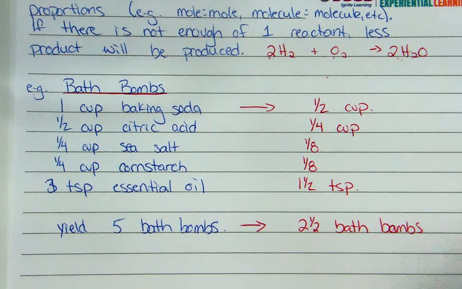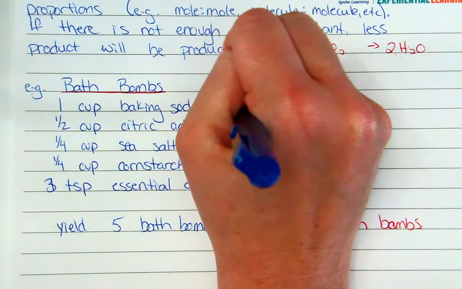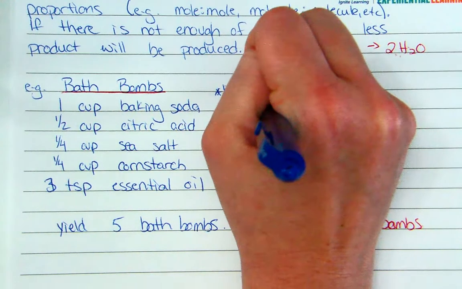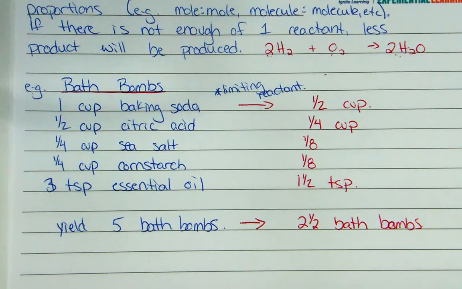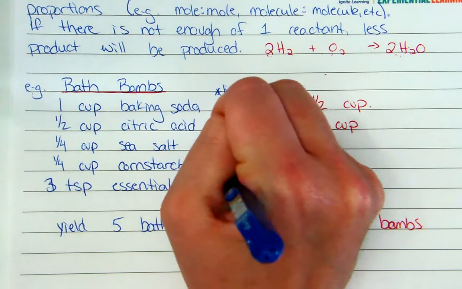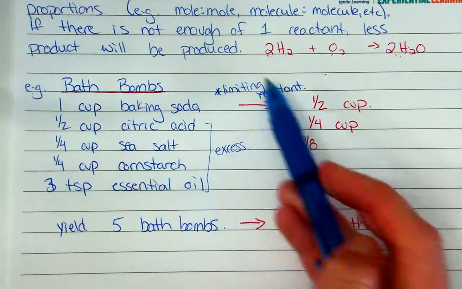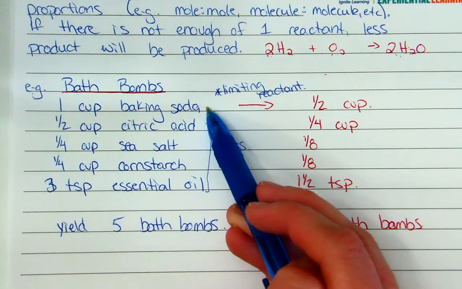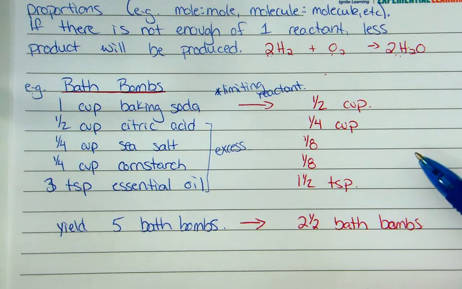Now in this situation, the baking soda was the limiting reactant or ingredient, because that's the one I didn't have enough of. All the rest, we had what we call excess. So if this was a chemical reaction and I still mixed all of these in with my limited amount of baking soda, these are the proportions that would be used in the chemical reaction.